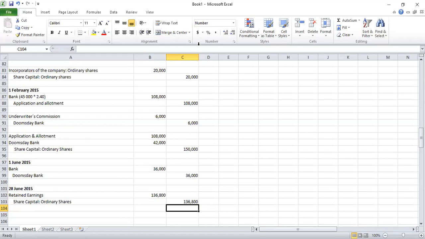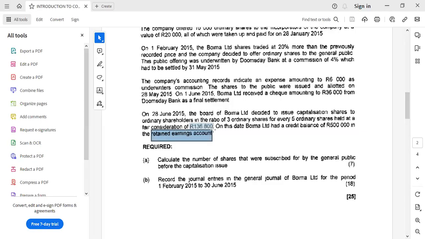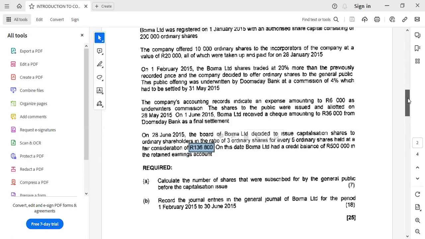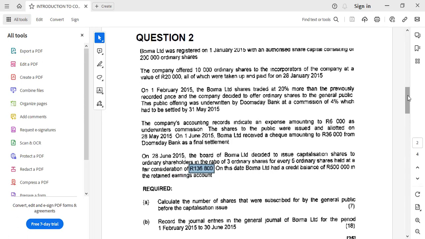In some exams or tests, they might not tell you the value. They can just say they were issued at R2 each. First of all, you will have to calculate the number of shares. So you first have to find out how many shares were there in issue before this issue. We know that there were 10,000, and remember, we calculated that there were 62,500.